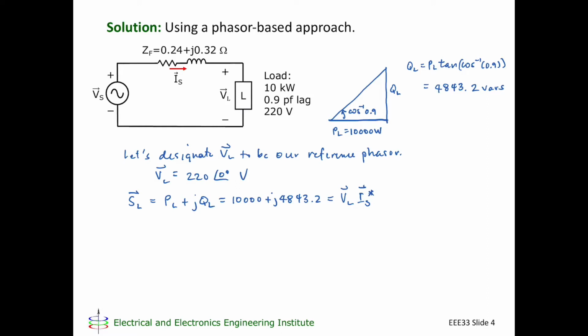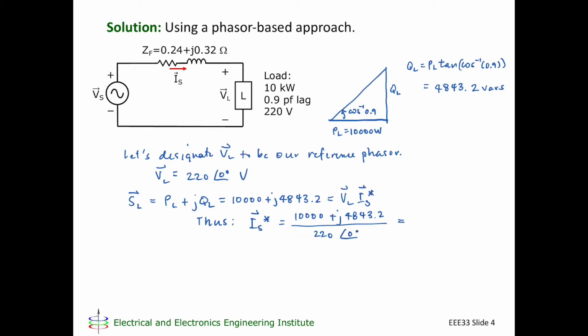Okay. So, I can compute for IS conjugate. That is just 10,000 plus j4843.2 divided by VL, which is 220 at an angle 0 degrees.